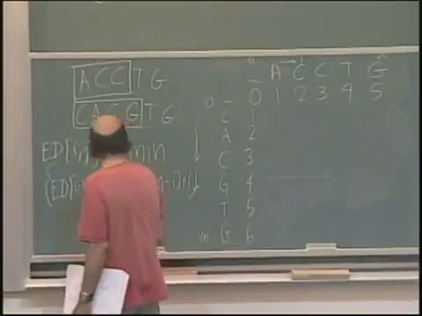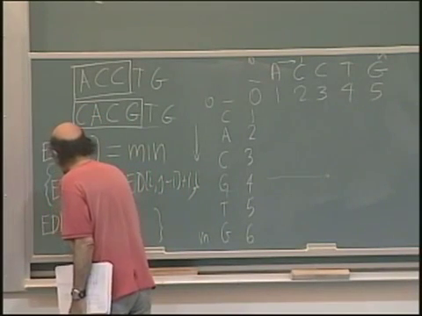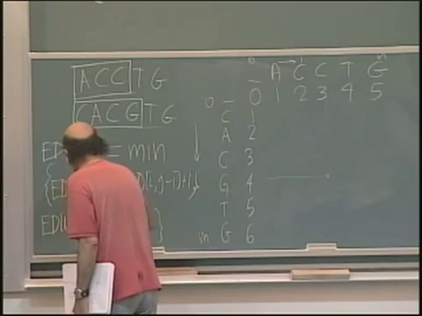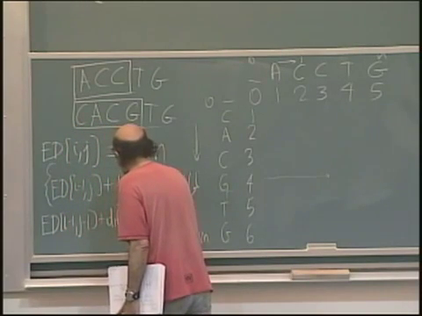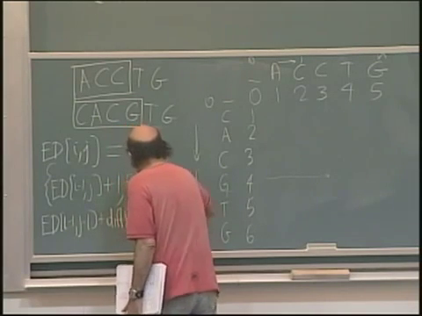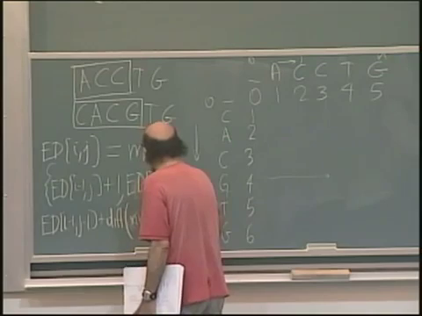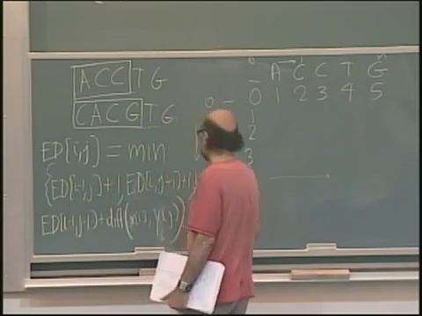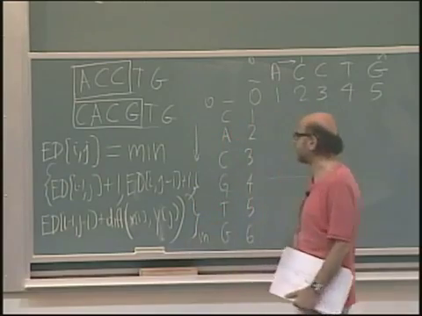And the third one is the edit distance of i minus 1, j minus 1, plus diff of x_i, y_j. And that's it. That's the formula.